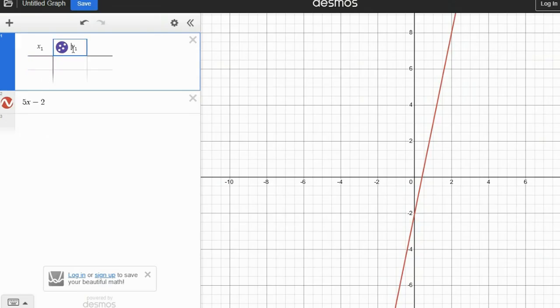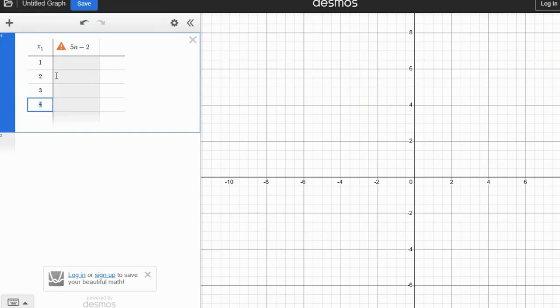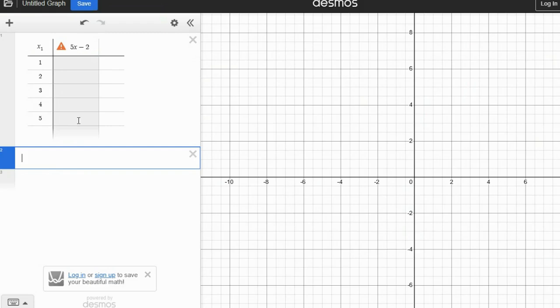Okay, and y is going to equal 5n minus 2. And so for each term, 5x minus 2. I keep putting that in there. So let's see, 5x minus 2. First one would be 3, right?